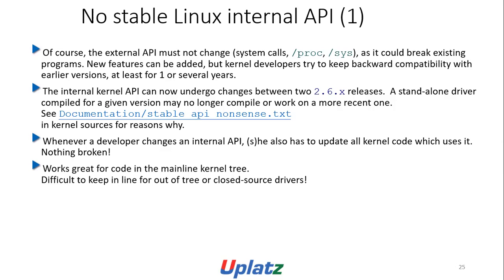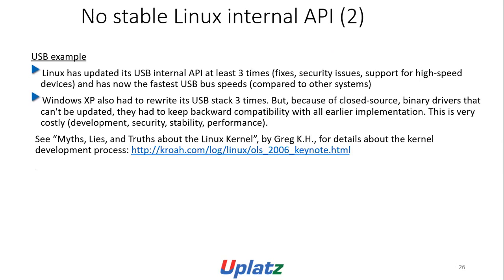Whenever a developer changes an internal API, he or she also has to update all kernel code which uses it. Nothing is broken. This works great for code in the mainline kernel tree, but it is difficult to keep in line for out of tree or closed source drivers. USB example: Linux has updated its USB internal API at least 3 times to fix security issues and support high-speed devices, and has now the fastest USB bus speeds compared to other systems.